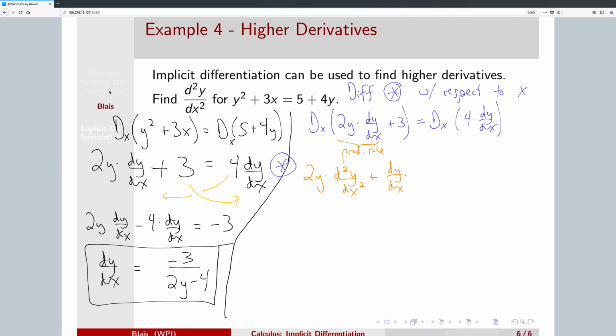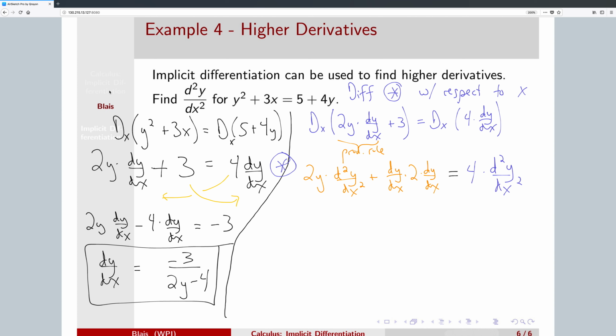Well, the derivative of 2y with respect to x is 2 dy dx. The derivative of 3 with respect to x is 0. Then on the right-hand side, we have 4. So that is a constant that sticks around. And then we have the derivative of the derivative, which again is the second derivative.